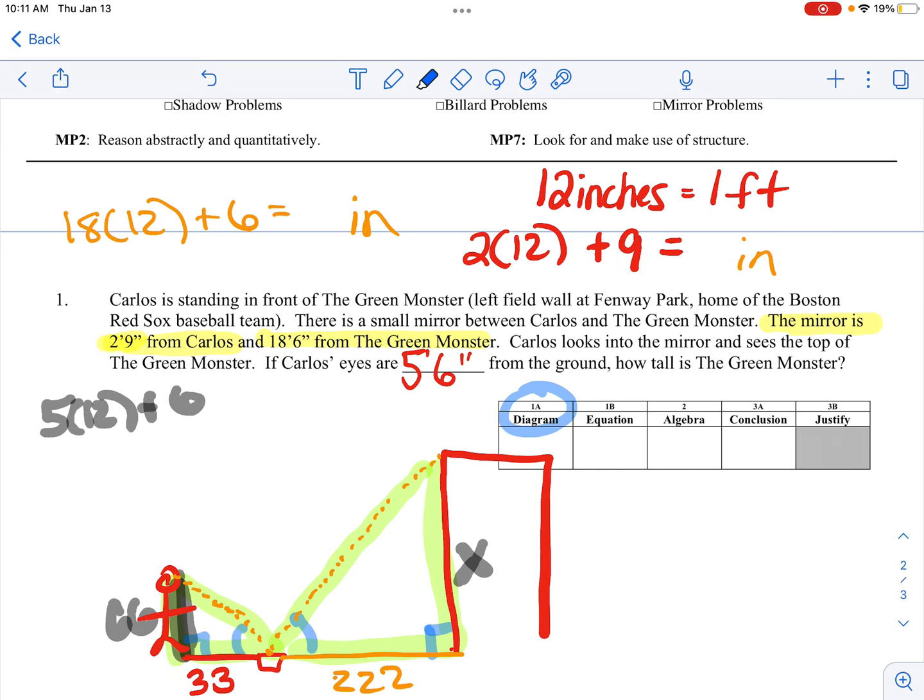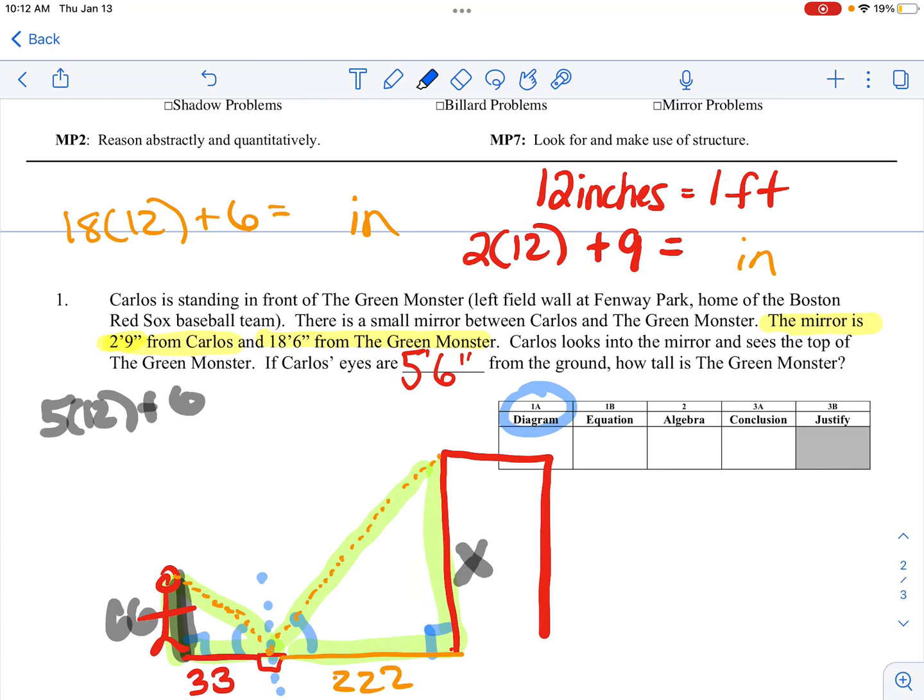Those two angles are not vertical angles. They are not formed by intersecting lines. Those are actually called angles of reflection. That just means that, if you think about it logically, if you use symmetry and flip that triangle along this line of symmetry right here, those two angles logically have to be the same. So now I have proved my triangles are similar by angle.